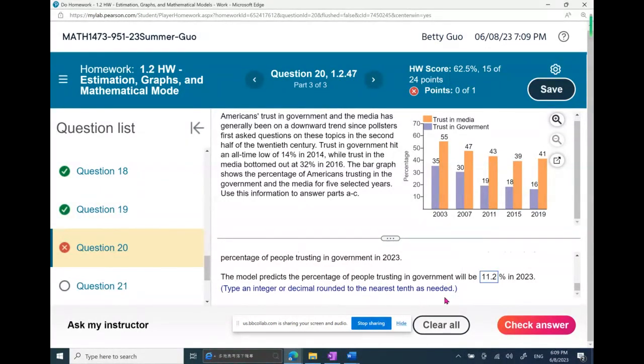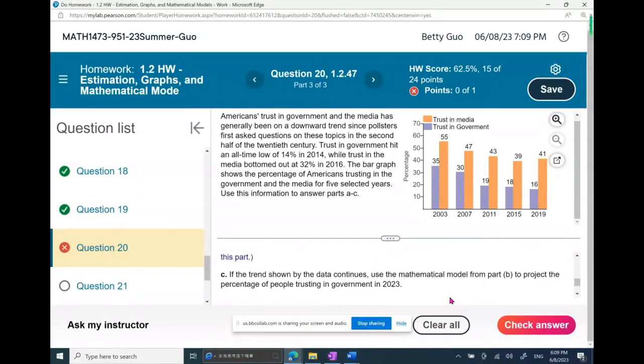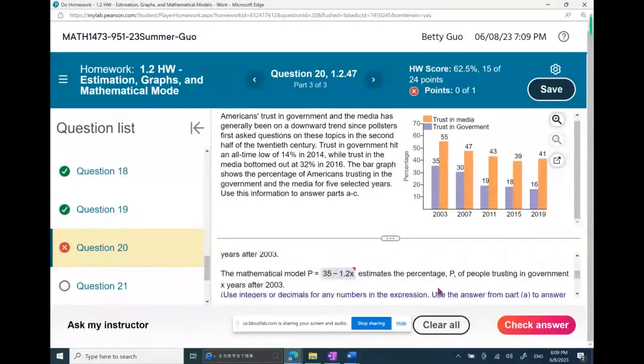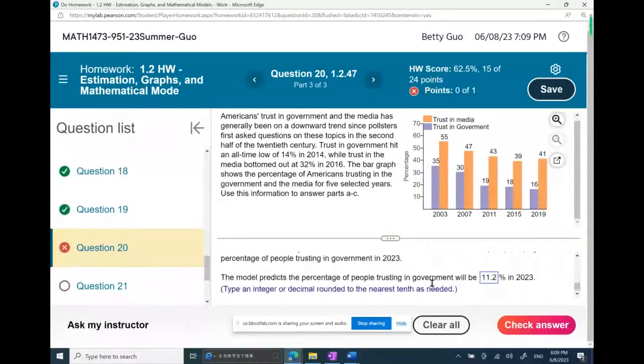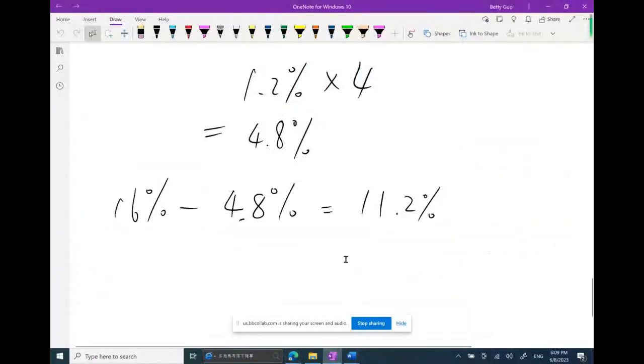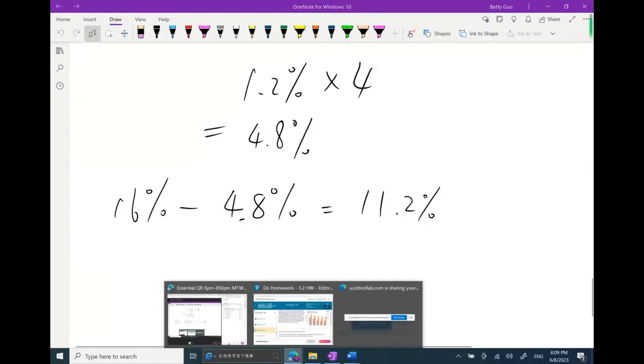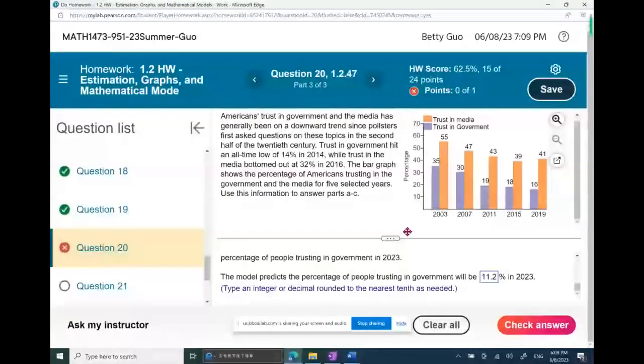Rounded to the nearest tenth as needed. 1.2% every year for 4 years, that is 4.8%. Subtract that from 16. It is 11.2%. Why is it not correct though?